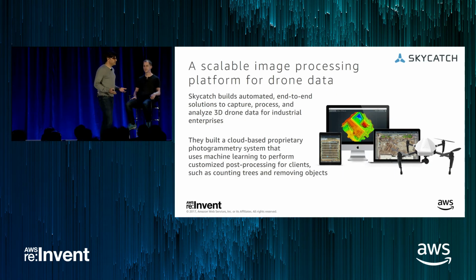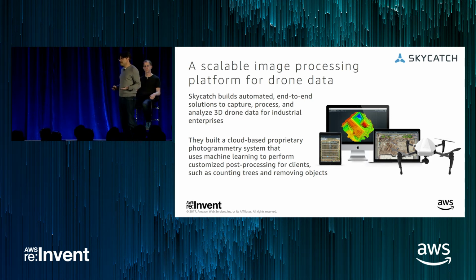We'll start with drones. Drones are interesting. SkyCatch provides drone data to industrial enterprises. They do machine-to-machine automation, to do inspection of building sites, to provide their partners metrics on what's going on during construction of the building. They have a scalable data processing platform that's cloud-based, proprietary photo processing, and they can custom tune that processing for the specific requirements of their customers.